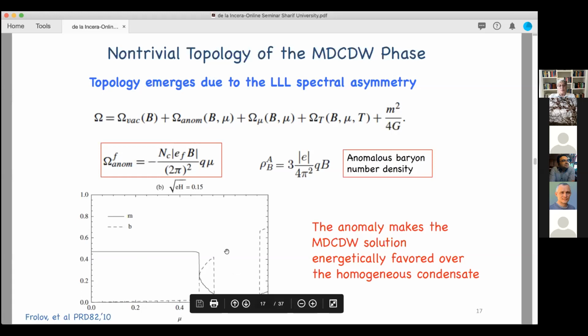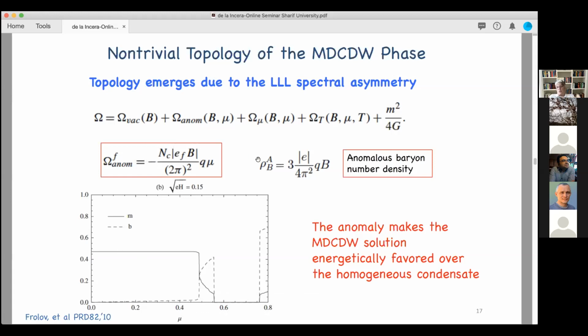Once you get to this region where normally you would have the phase transition to the symmetric phase, here you don't have that. You have a transition to the homogeneous phase, which is favored over the symmetric phase. Why? Because of this term. This is a negative term in the free energy, so it tends to decrease the energy and it favors this phase. This is the answer to that question.